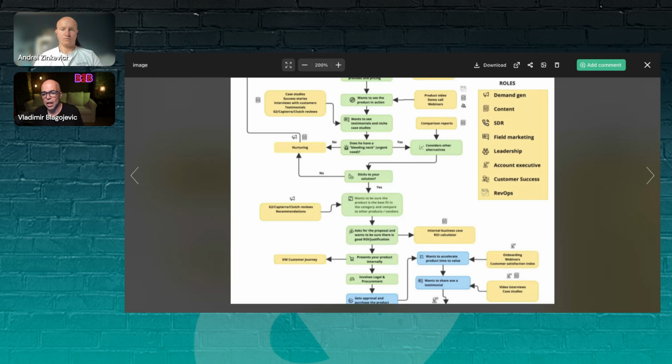Now we can also align on the buyer journey, because as you will see in a moment, and you can see already on the screen, there is a little yellow rectangle with the different roles that we are going to map in the last step.